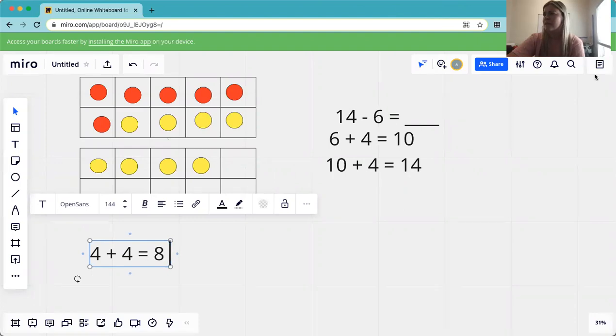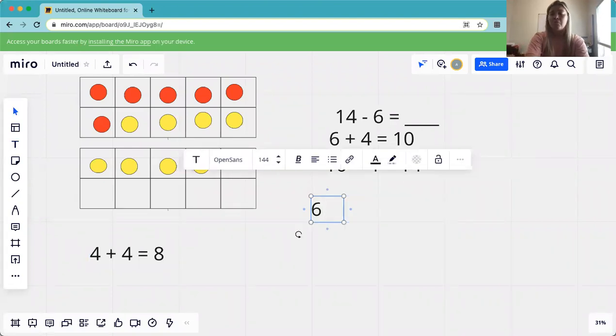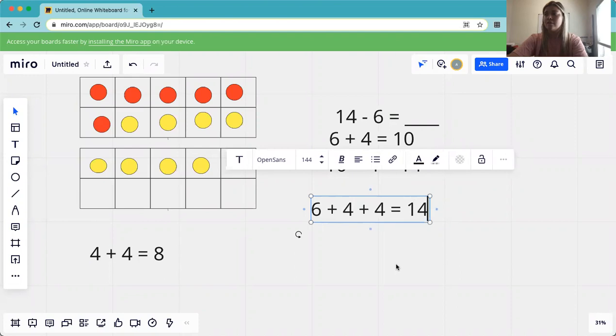Again, I had 4 on the top and 4 on the bottom, the 4 yellow and the 4 yellow on the other 10 frame. So another way that I could show this would be that I had 6 plus my 4 on the top plus my 4 on the bottom, which equaled 14.